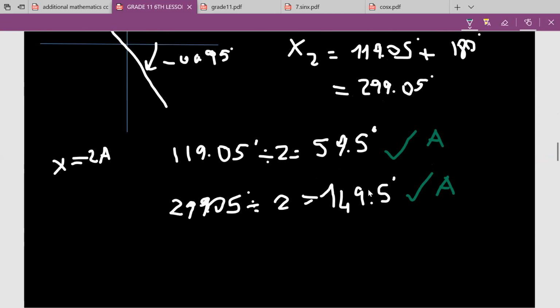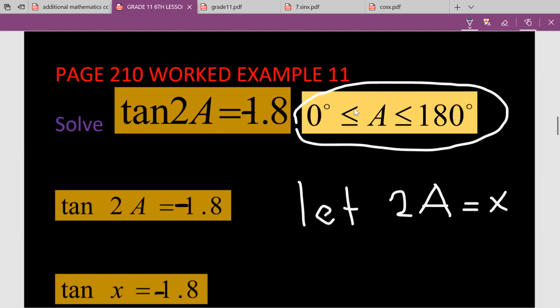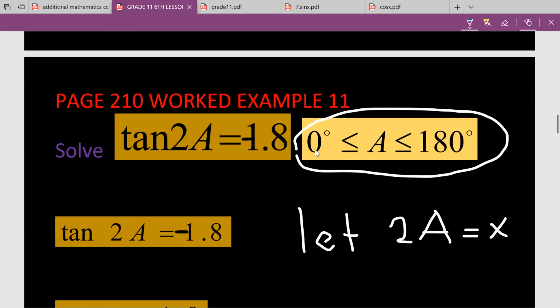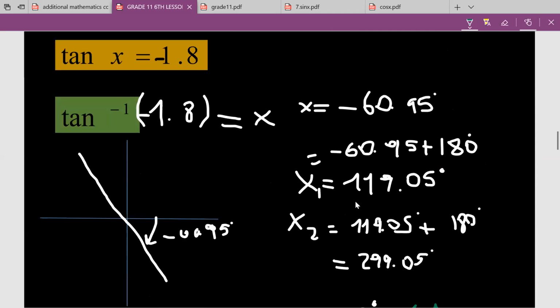If you have seen this in the second quadrant, you see here. So what we have done: if our angle is negative and the range of values is positive, we will make it positive. To make it positive, if you add 180 degrees, x will be 119.005.